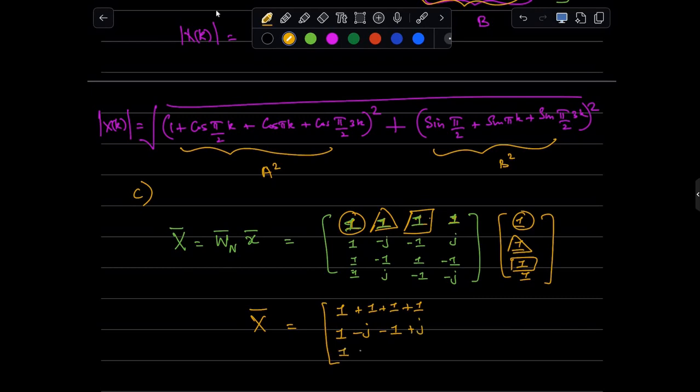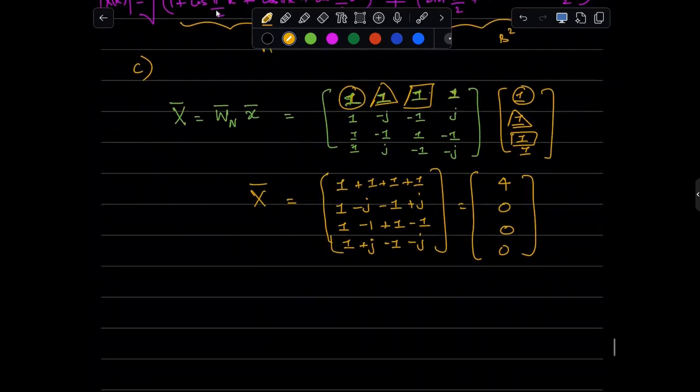Next is 1 minus 1 plus 1 minus 1. Then the last one is 1 plus j minus 1 minus j. So this is equal to 4, then 1 minus j, then this is 0, then again 0, again 0.